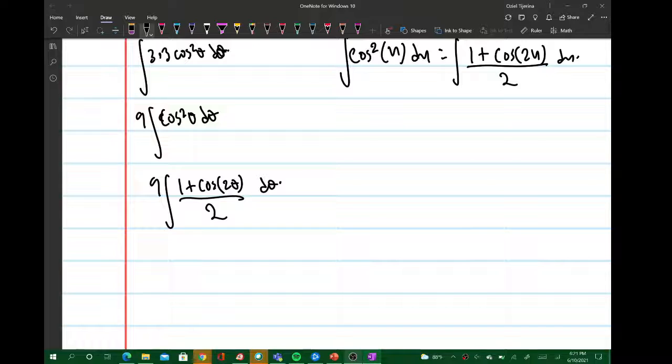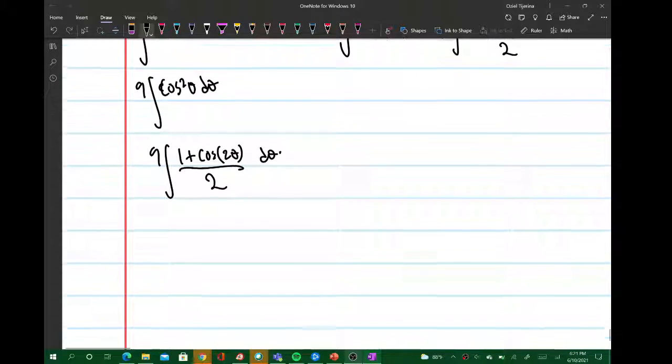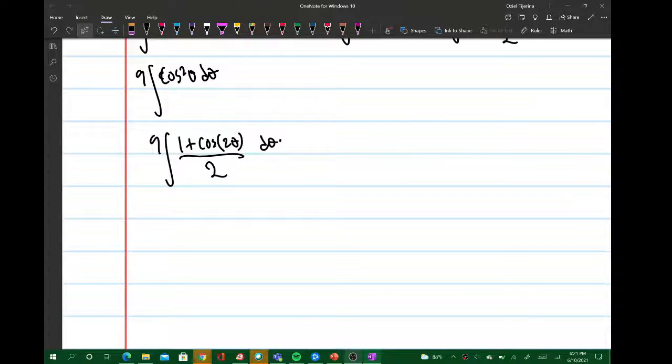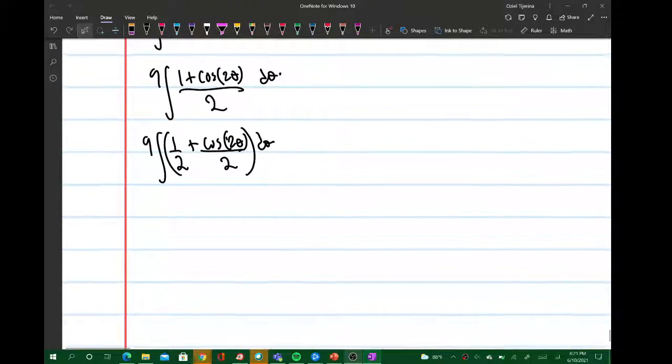So then you're going to split it up into 2 different integrals. So you're going to say that this is 9 times the integral of 1/2 plus cosine of 2 theta over 2 d theta, like all of this, right? Now, you're going to try to split it up again.